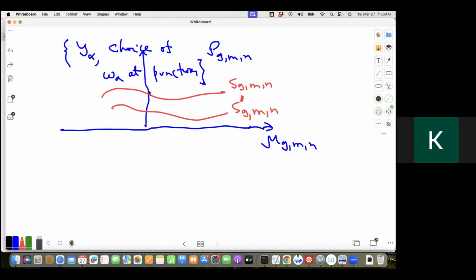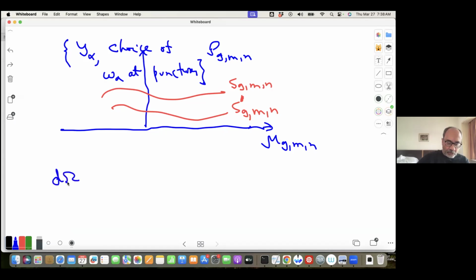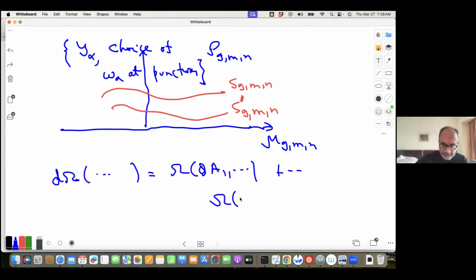But in this setup, why will d omega be 0 in the bulk? Oh, yeah, because this relation still holds. Now, the relation that I wrote down earlier, right? That d omega was a sum of omega with Q a1 plus omega a1 up to Q an, right?